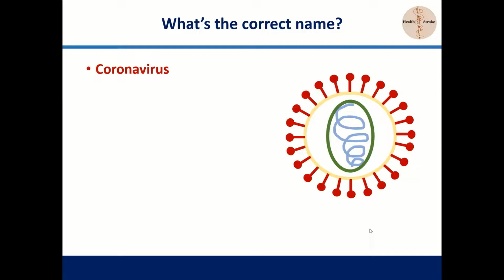I think to some extent it's correct, although this is not ideal terminology because there are many coronaviruses which exist on this planet, and there are at least 7 human coronaviruses.